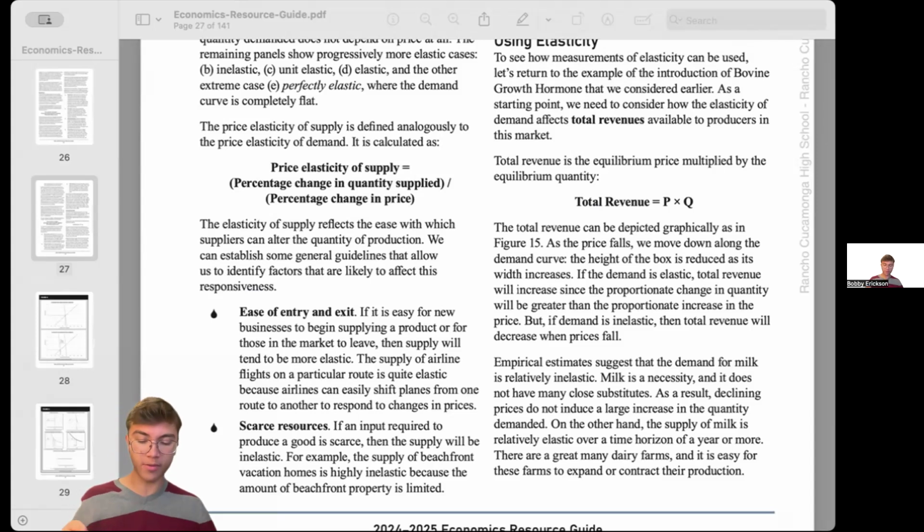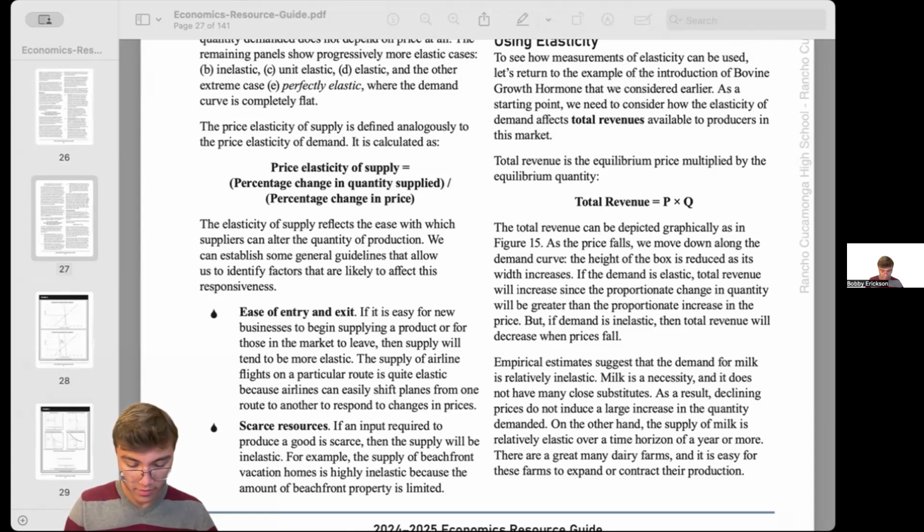If you have a price increase to another location, you are going to be able to shift over to that location instead of where you were originally going to be flying, because you have the airplane anyway, and so it's easy to enter that new route and exit the old route. So in response to the change of prices, it's clear that airline flights will be elastic.